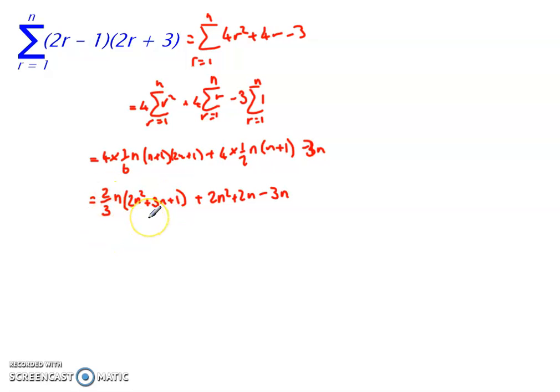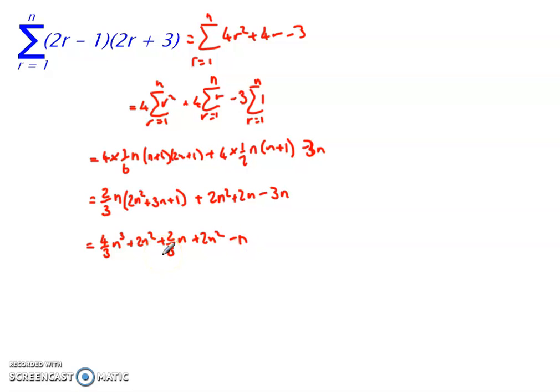I just need to fix this first bracket, then I can manipulate it from there, gather like terms, and see what I get. If I multiply out this first one, what I get is 4/3 n cubed plus 2n squared plus 2/3 n. I've then got plus 2n squared here. I've then got plus 2n minus the 3n. Take away 3n from there.